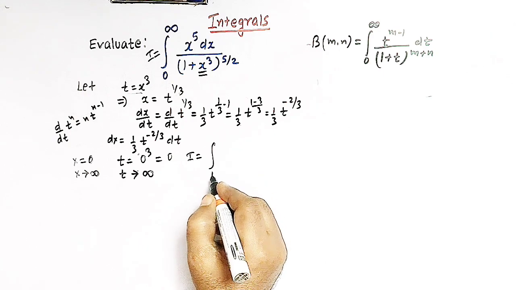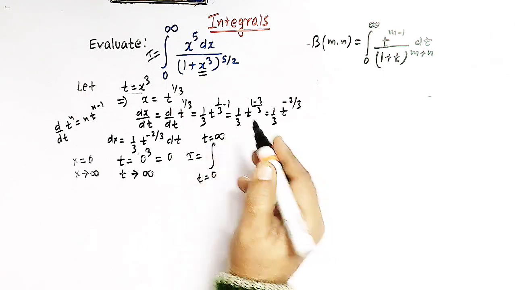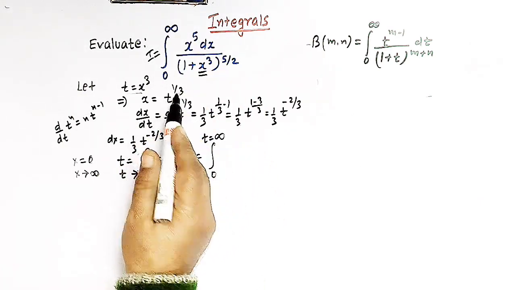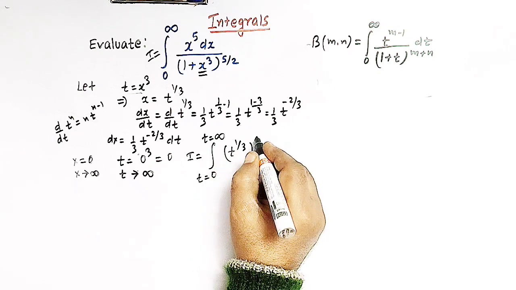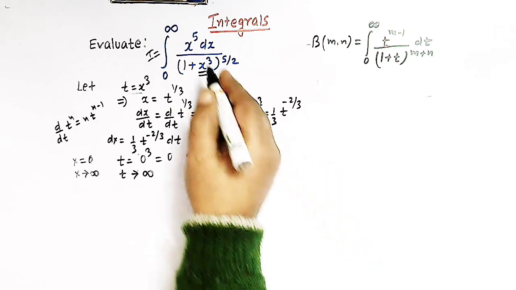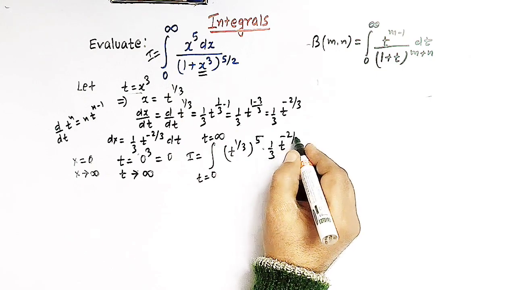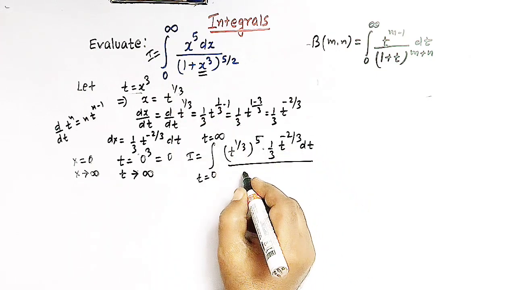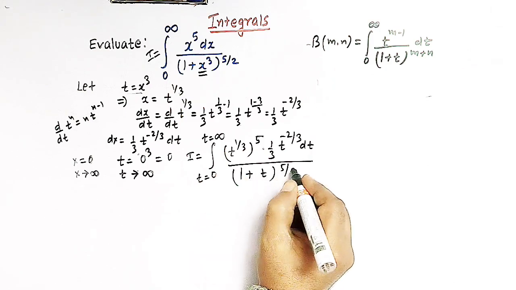So we can now write 0 to infinity, and then we have x raised to 5, where x is t raised to 1 over 3, so we have t raised to 1 over 3, all raised to 5. For dx, we can now write 1 over 3 t raised to minus 2 over 3 dt, and in the denominator we can write (1 plus t) raised to 5 over 2.